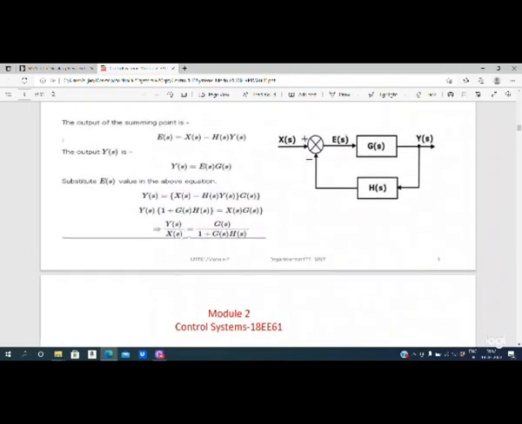So Y(s) by X(s) is equal to G(s) divided by 1 plus G(s) into H(s). So wherever you get a feedback network, you need to convert that feedback network into a single block with the help of this expression, that is Y(s) divided by X(s) equal to G(s) divided by 1 plus G(s) into H(s).